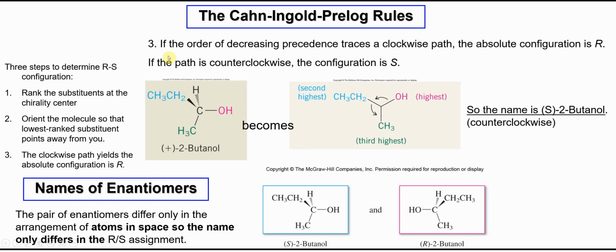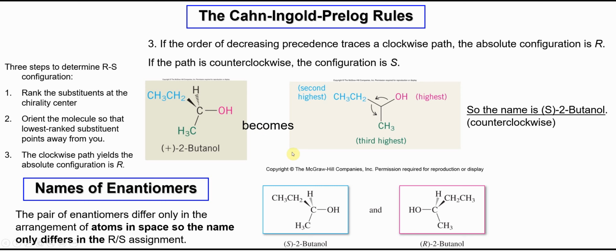You trace the three other substituents in decreasing precedence order. If this decreasing precedence order traces a clockwise path, you consider this configuration R. If it traces a counterclockwise path, this configuration will be S.